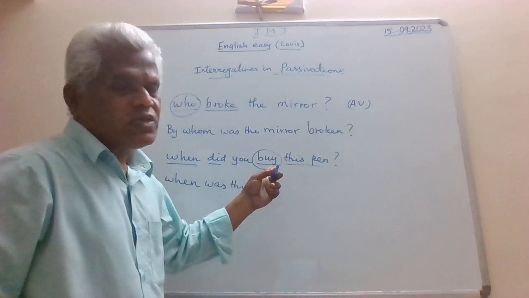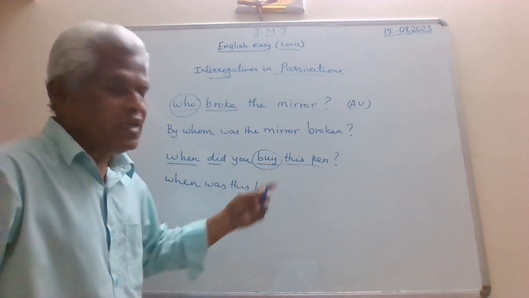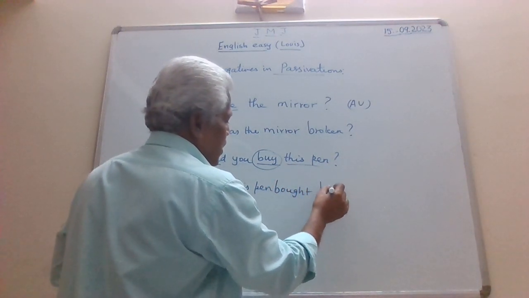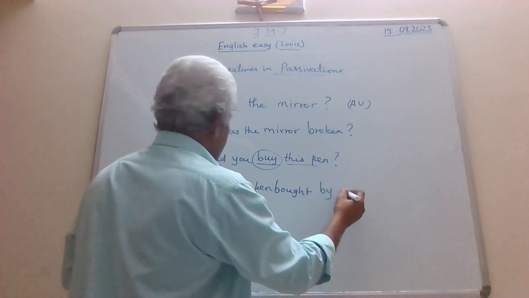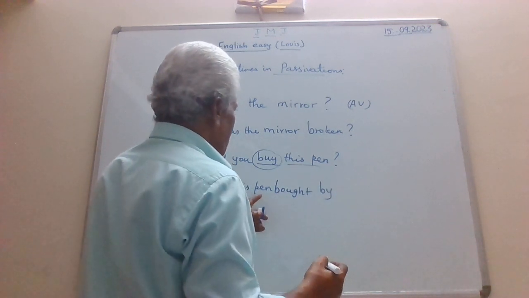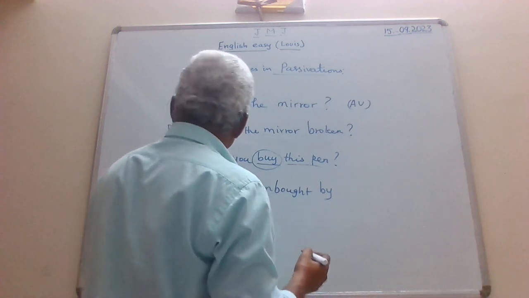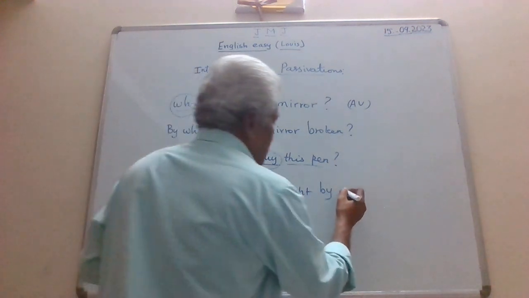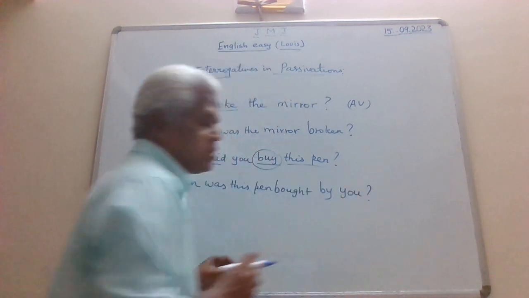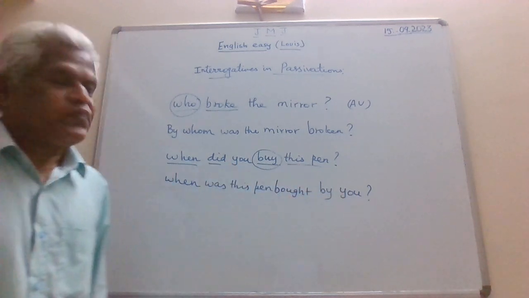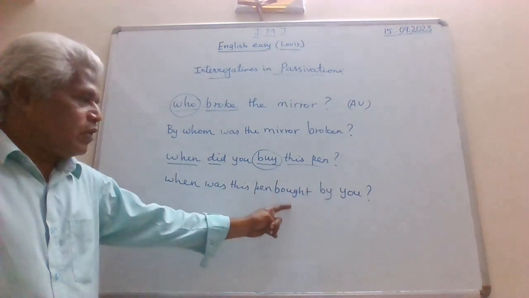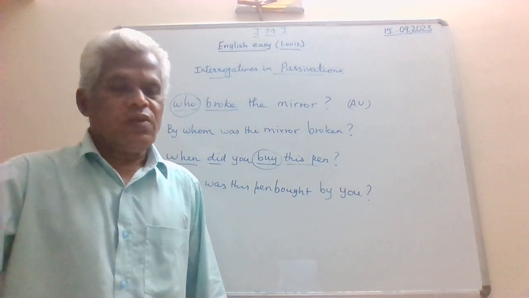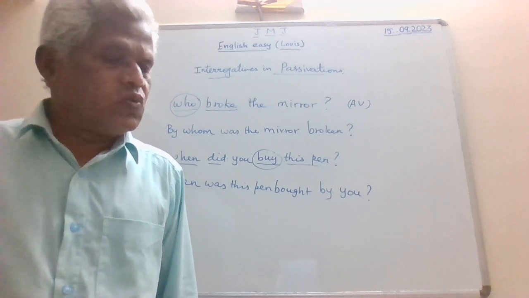The third form of the verb for buy is bought. And then we have the preposition by. When was this pen bought by you? See, you remains as you.